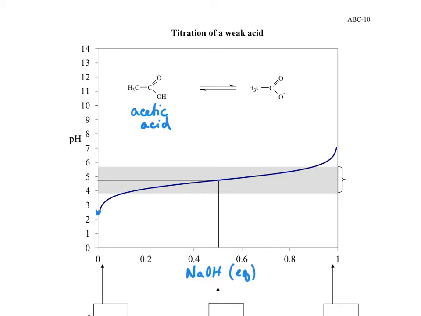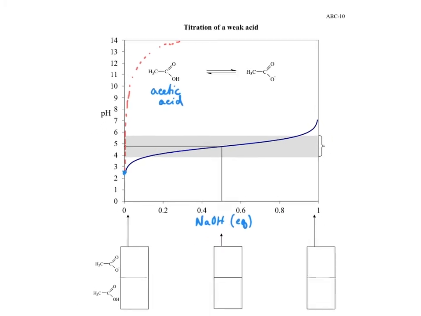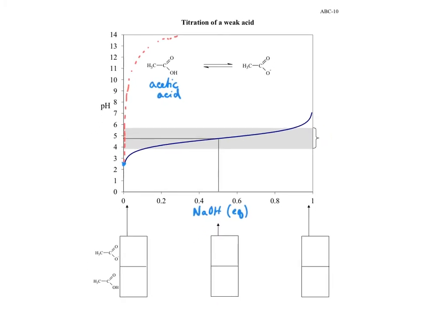Now I want you to consider what would happen if we threw some sodium hydroxide in water without acetic acid. Sodium hydroxide is a strong base, and the pH would go up very rapidly if we did that. Now, you don't have to draw that in there because that's not what we're doing. That would not maintain a constant pH. But let's consider what would happen if we did it with the presence of acetic acid.